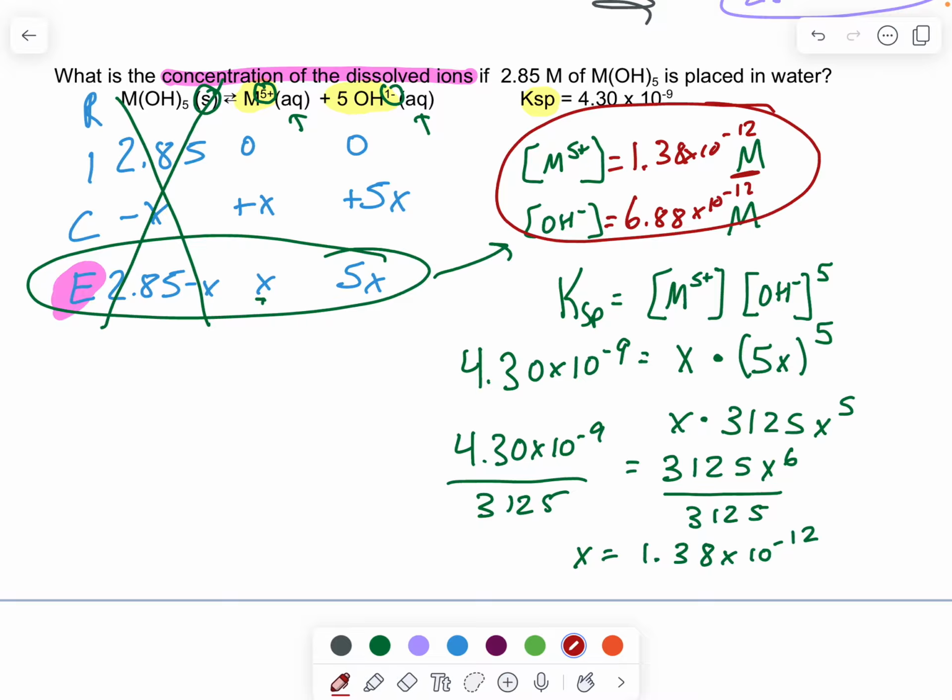So when given a KSP problem like this, we do our ICE table, we plug into the K, solve for x, plug it back, and get your final answers. Huge on the test, people forgot these labels left, right, and center. If I'm asking you about concentration, please put a big M on it. The only number in this unit that does not have a label on it is K, and K is labelless. That's it.